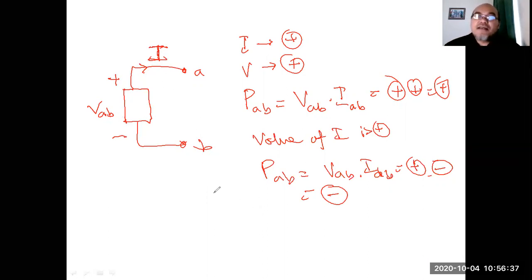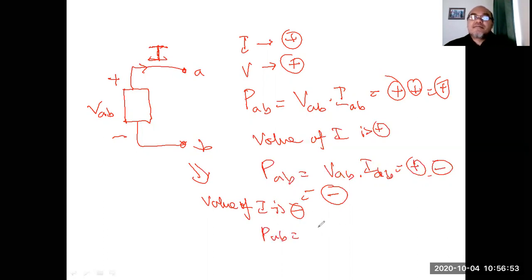However, when the value of I is negative in this picture, the current is flowing out of the positive terminal, then you know that PAB equals VAB multiplied by IAB. The polarity is still positive because the VAB value is positive. The current is negative, coming out of the positive terminal, but the value is negative.